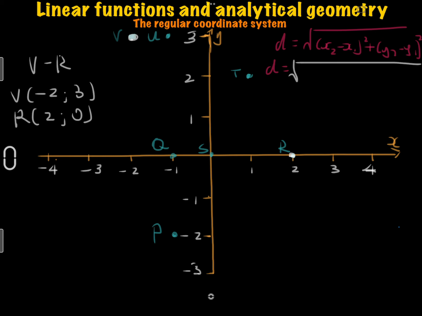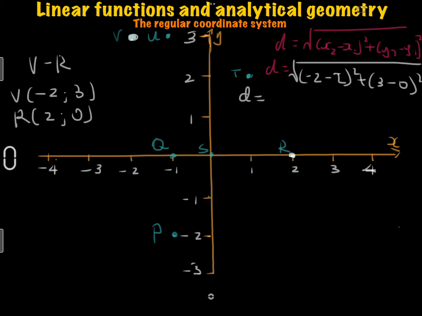So it would follow like this. So let's substitute X. We can take any value between R and V, so I'll simply start with V. So we have -2 minus 2, where X for R is 2, raised to the second power, plus, open bracket, Y for V is 3 minus Y for R is 0, raised to the second power.